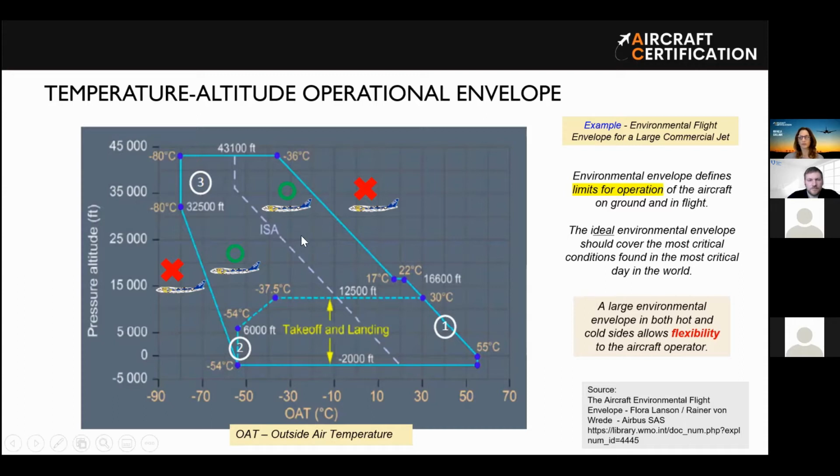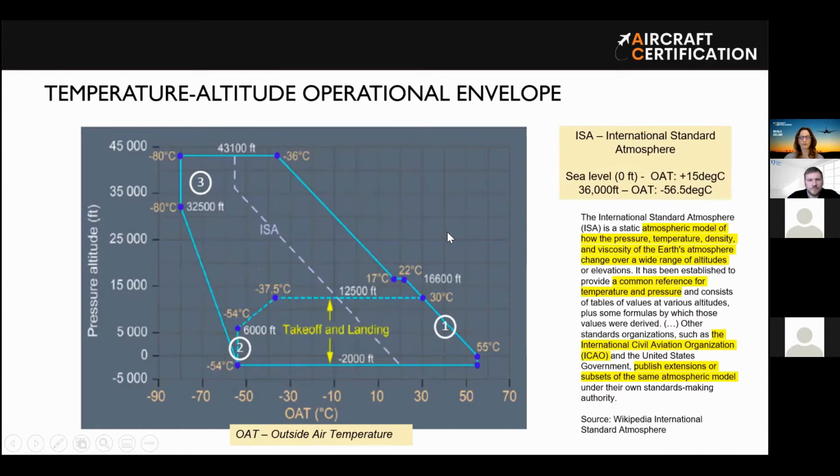When we talk about this type of envelope, there is one concept that is very important for you to understand, which is this line here that we call ISA. ISA is an acronym for the International Standard Atmosphere, and this is a model of the atmosphere that was developed based on a lot of experimental data.